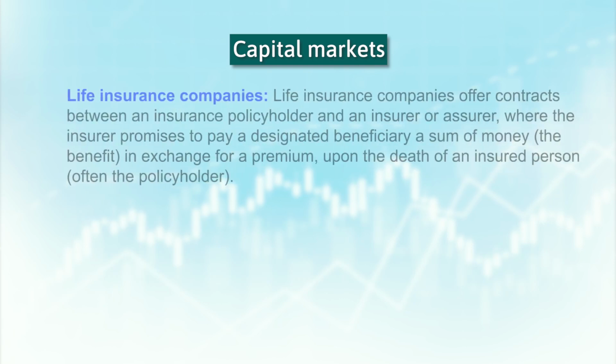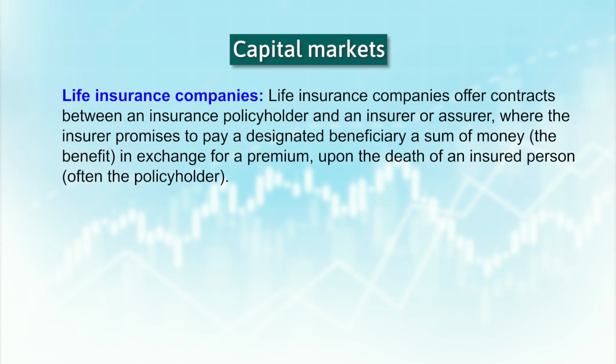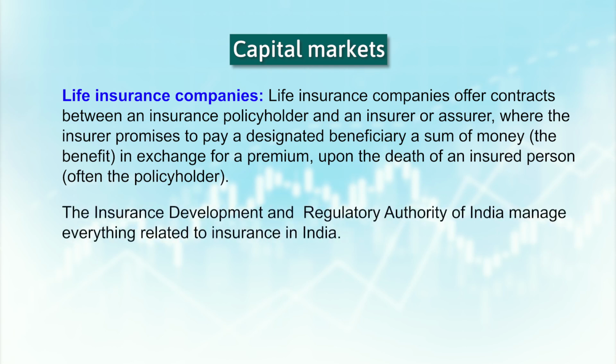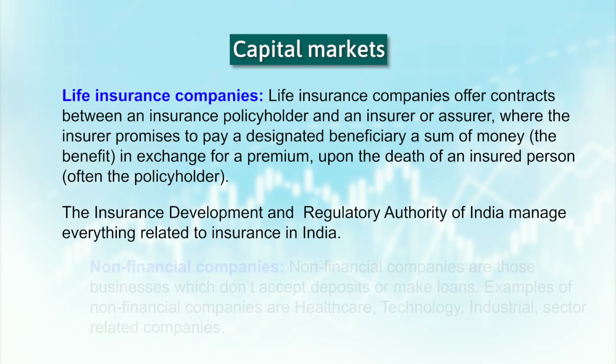We have the life insurance companies, which offer contracts between an insurance policy holder and an insurer or assurer, where the insurer promises to pay a designated beneficiary a sum of money or benefit in exchange for a premium upon the death of an insured person who is often the policy holder. The Insurance Regulatory and Development Authority of India manages everything related to insurance in India.